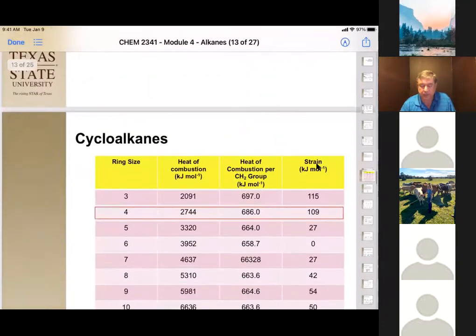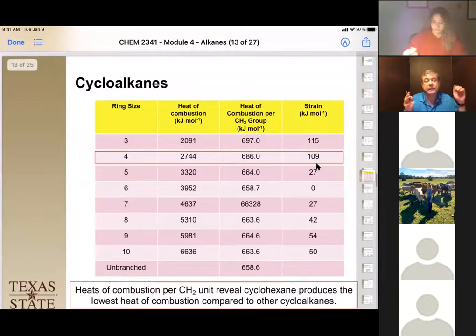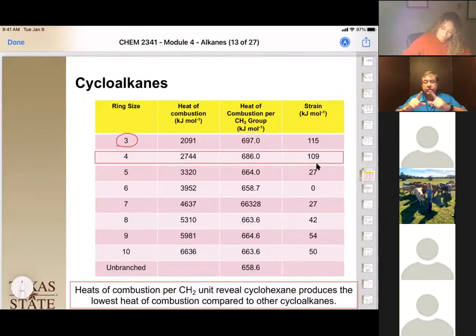Okay, so let's do some comparisons. We're going to look at different cycloalkanes, look at the heat given off, and then figure out that the reason it gives off more or less heat has to do with the strain of the ring, the energy required to make that ring and hold that ring in place. So if we look at a ring size of 3, that's a very small ring. Those are 60-degree angles. We're really torturing those sp3 hybridized carbons by trying to make our 109.5 degrees into 60 degrees.